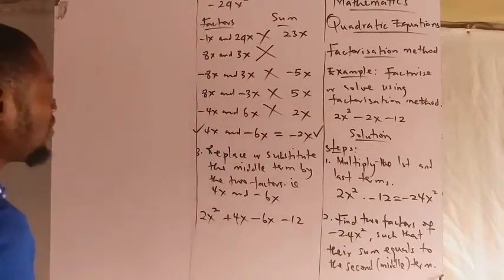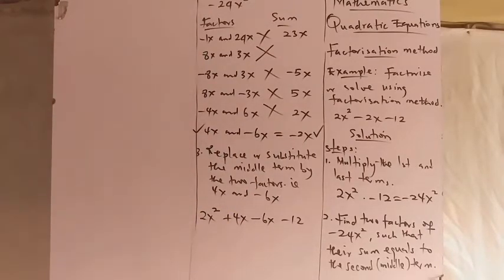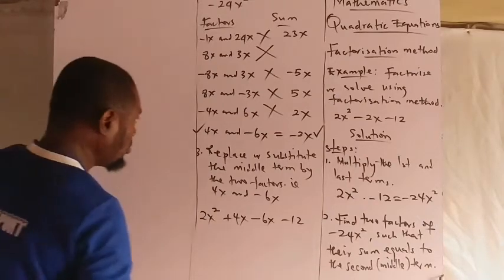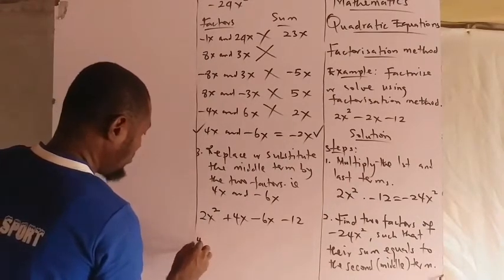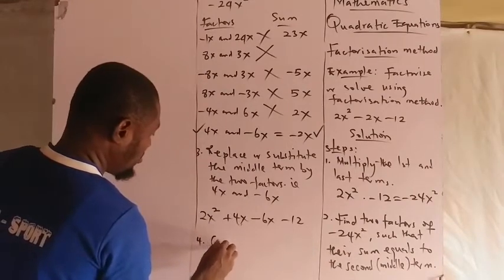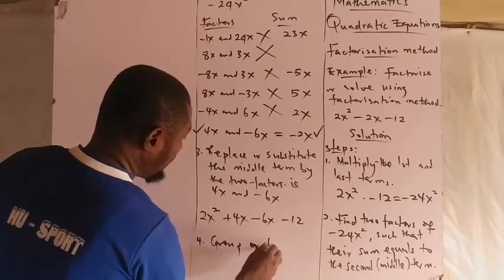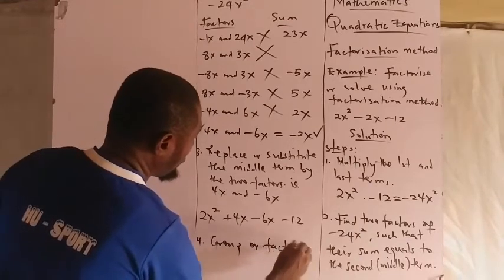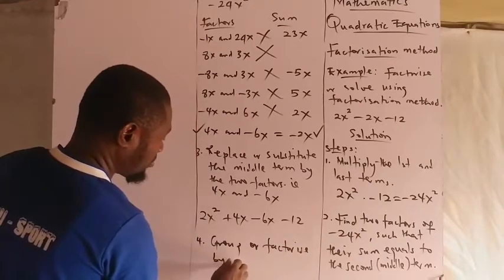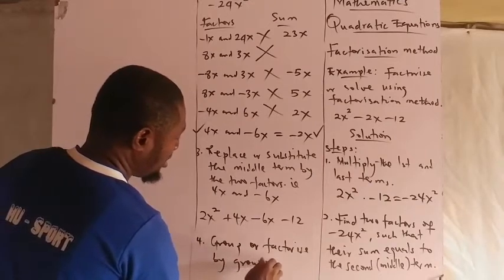So now we have 4 terms there. We will now group them. We'll put them in groups of 2. Step 4: group, or factorize by grouping.